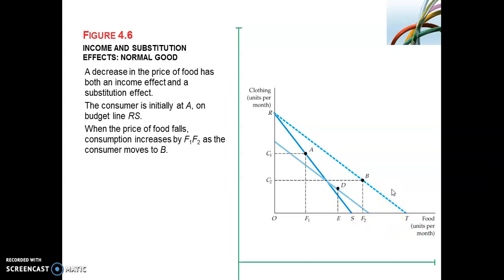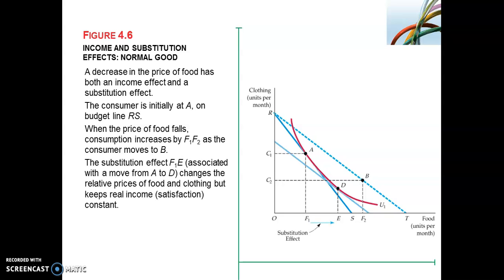So let's just get some additional information for us to continue. Now, on the first budget line, before the price of food changes, we have RS, that is our budget line.